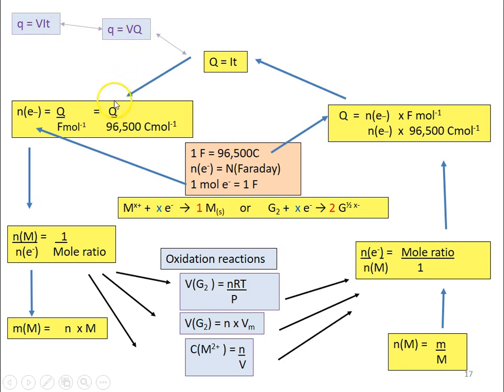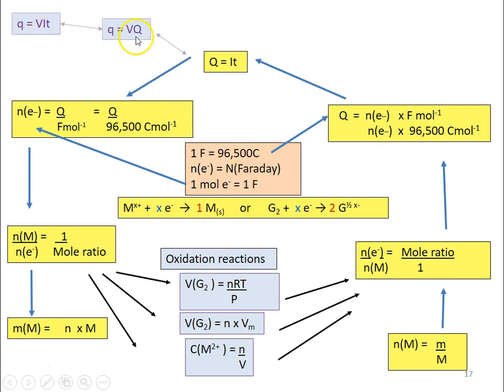Instead of having the current and the time to work out Q and then the number of moles of electrons, if you're given a certain number of Faraday, so if you said I had 1 Faraday, that already means you have 1 mole of electrons. You work out the number of moles of electrons, and you multiply by 96,500 and you would get Q. So you don't need the current and the time to get Q if you have the number of Faraday.